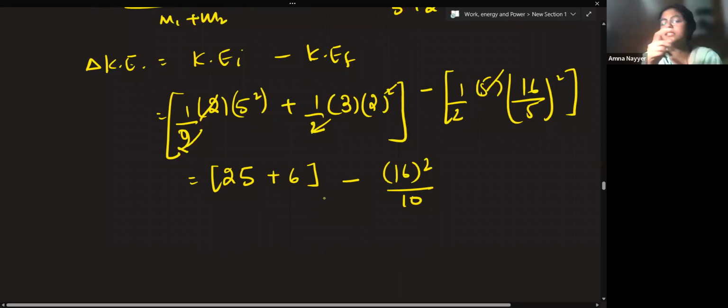See, 25 plus 6 is a very small number in comparison. Even directly from 16 by 5, 16 is there already, so 25 plus 6 you get 31. Now 16 into 16 is 256. So this is 31 minus 256 by 10, which becomes 25.6.